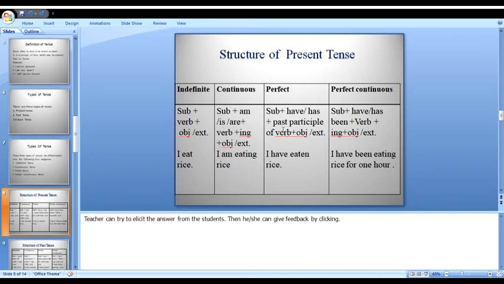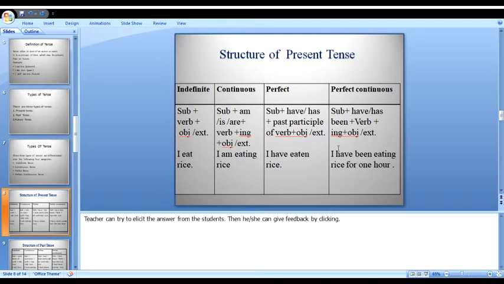So here another new thing is the past participle form of verb. You know there are three forms of verb. The first one is the present form, the second one is the past form, and the last one, the third, is the past participle form. In that case, you have to use the past participle form of verb. For example, we can say that I have eaten rice.